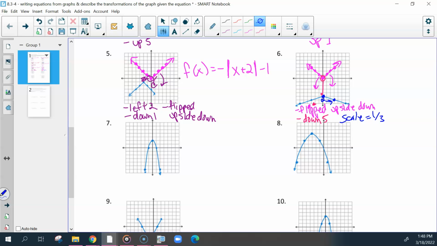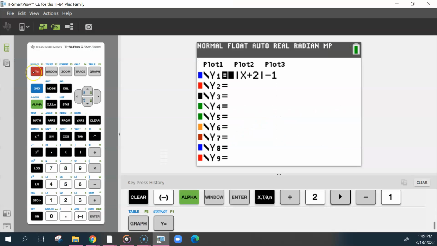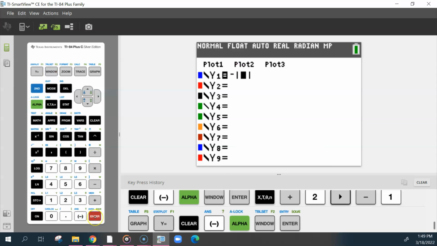So that means our function would be f of x equals negative, because it's flipped upside down, that'd be on the outside. The scale would also be on the outside because it's vertically compressed, the absolute value of x, and we're moving down 5. So negative 1/3 x minus 5. Let's check that and see if we get the same thing. Oops, I forgot something.